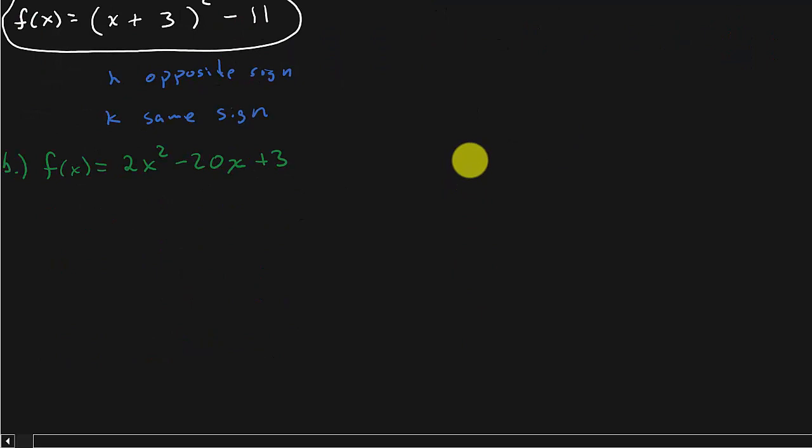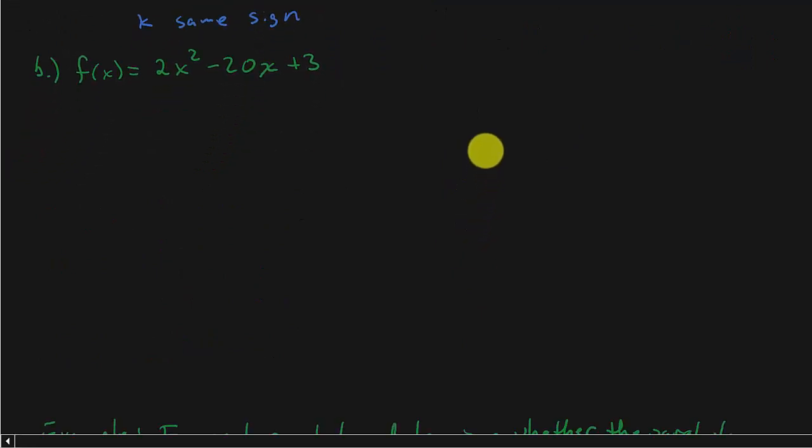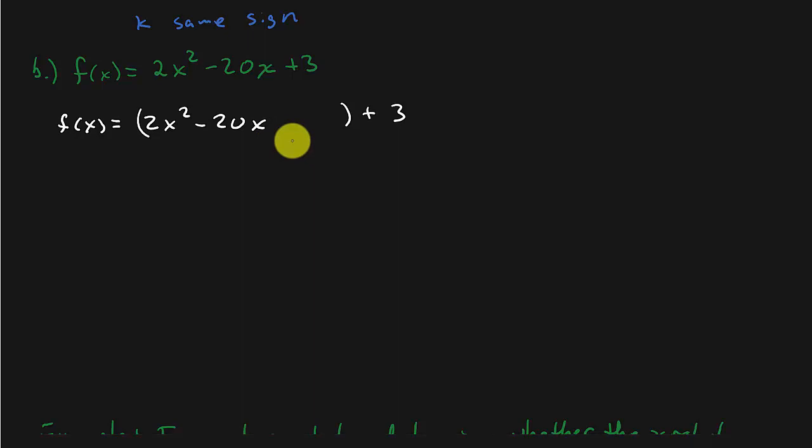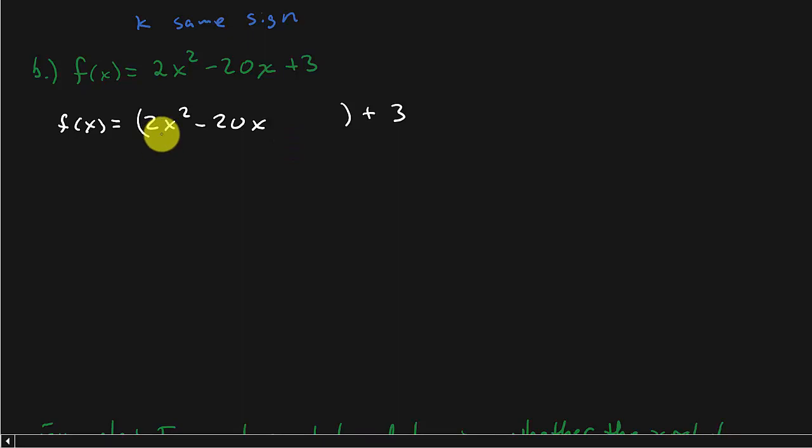All right, so now let's look at this one. So we want to complete the square again. So that's going to give me f of x equals 2x squared minus 20x, put that in parentheses, plus 3. Leave a little space. Now, in order to complete the square, we've got to have a 1 in front of our squared term.